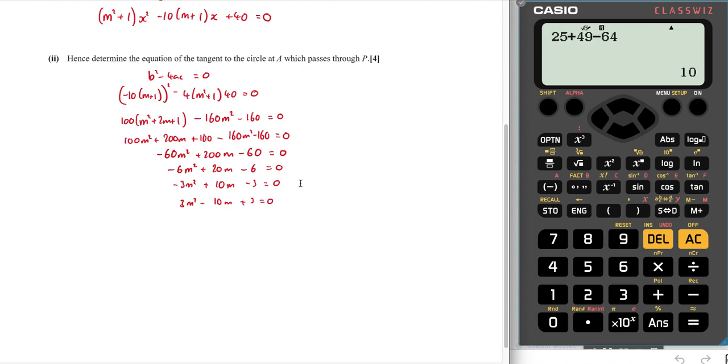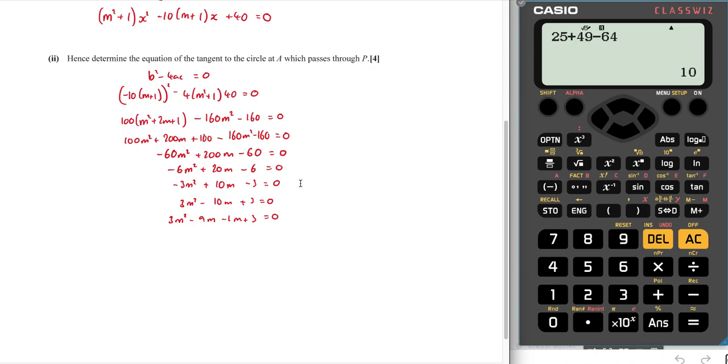We're going to the old AC method, so I want two numbers that multiply to make positive 9 and add up to be negative 10, so that's minus 9 and minus 1. So I'm going to have 3m squared minus 9m minus 1m plus 3, I can get rid of that erroneous bracket, equals 0.